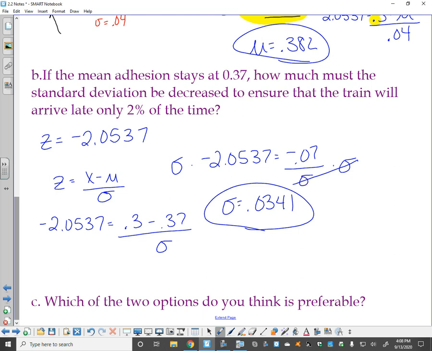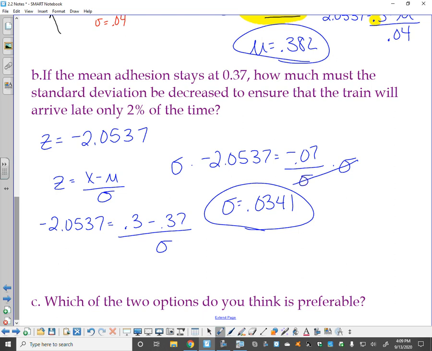Part C says, which of the two options do you think is preferable? Well, think about what would happen. We focused on the fact that we don't want to be late. But think about these adjustments and what it would do overall.